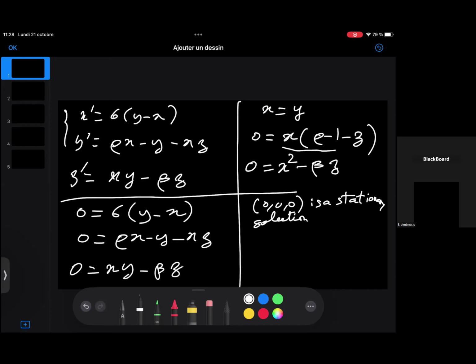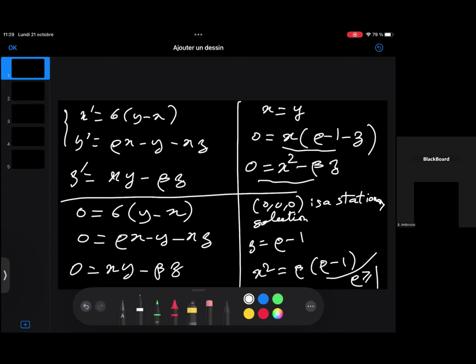And here, instead of x equals 0, we can choose z equals rho minus 1. And then to have this one equal to 0, we'll have x squared equals beta (rho minus 1). So we see that this is only possible when rho is larger than 1.